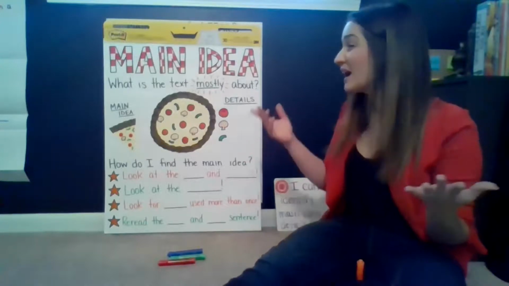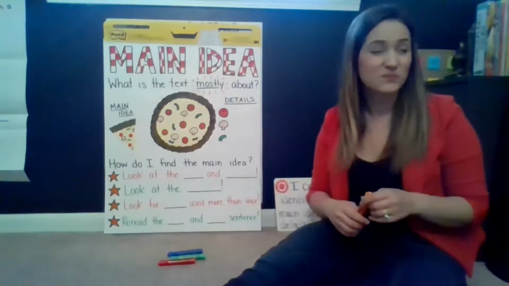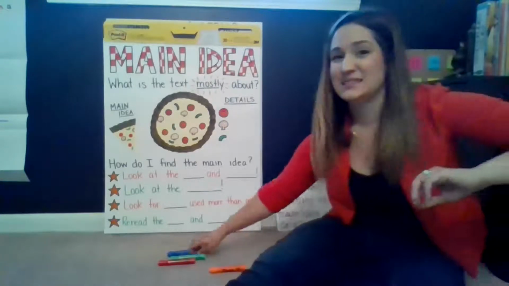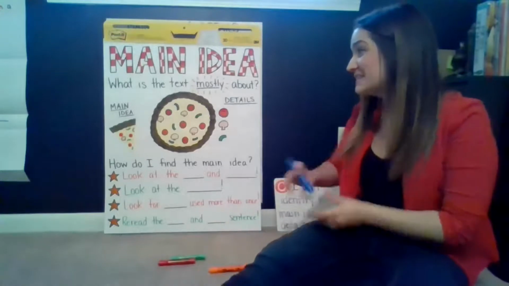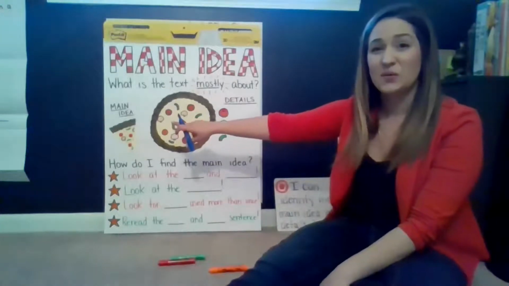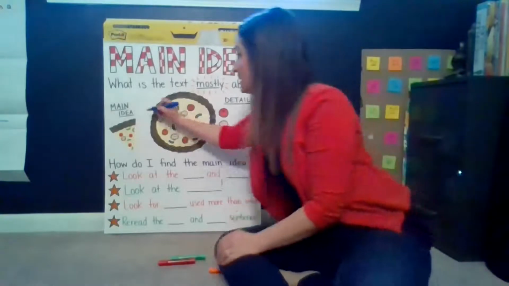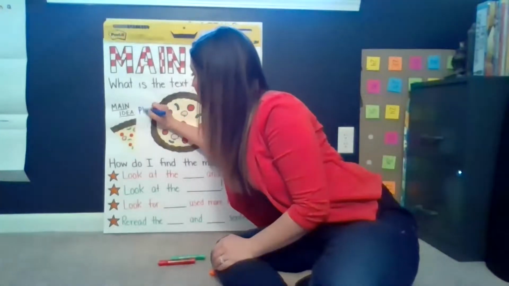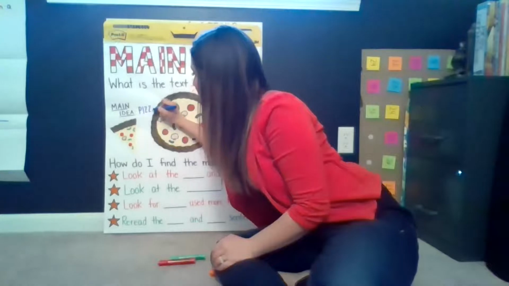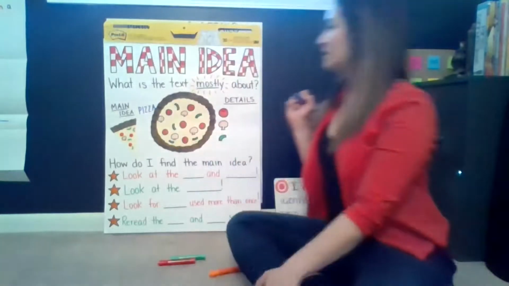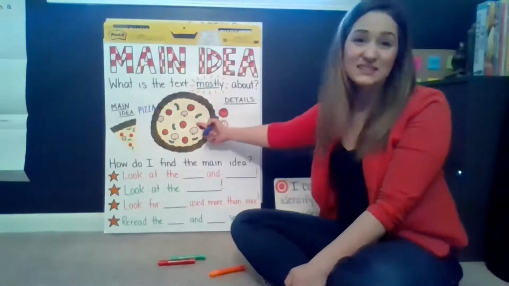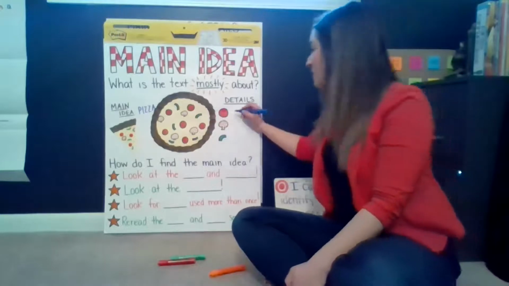So I want to show you this a little bit more. So let's go ahead and add this into my chart. The main idea of a story would be the thing that's most important. So the thing that's most important is my pizza. P-I-Z-Z-A. The details are the things that I'm putting onto my pizza. So I put pepperoni.